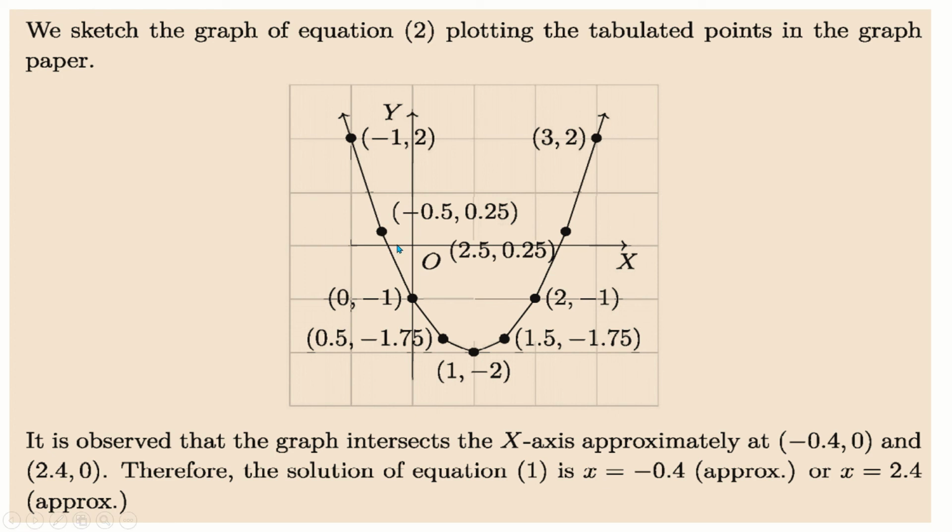This point, like from here to here means 1. This is like 0.5. As this point and this point are nearest, we think that it is about 0.4. And here 2, here 3.